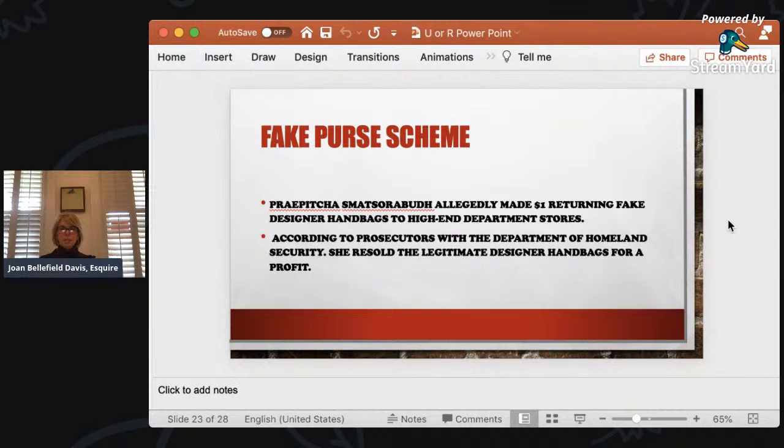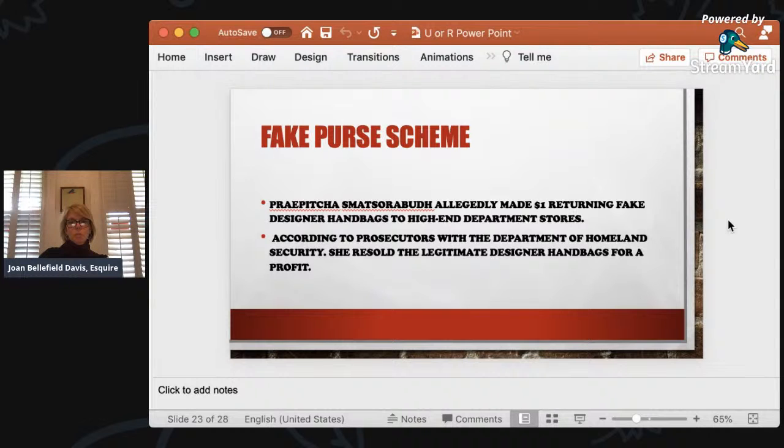She was getting the purses shipped to her from Thailand, but she was going into the stores and purchasing true, authentic Chanel and Louis Vuitton. She would get them home and switch them out with the counterfeit purses, take them back to the store and get her money back, and then sell the real ones.